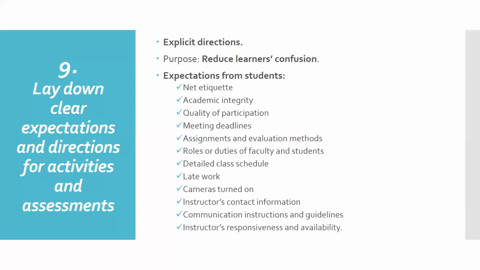The expectations an instructor can share with the students could be related to net etiquette or academic integrity, which seems to be of paramount importance, or about the quality of participation in online discussion forums, or about meeting deadlines, which is required to infuse sincerity among students.